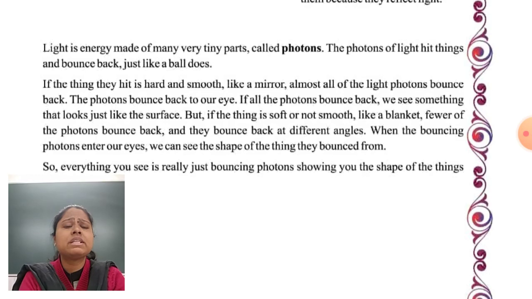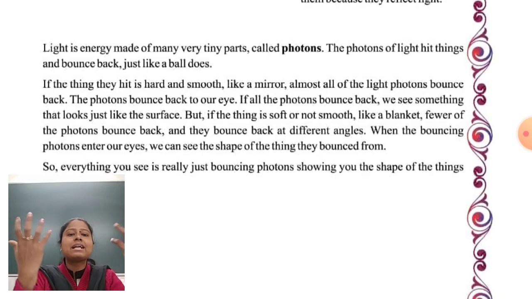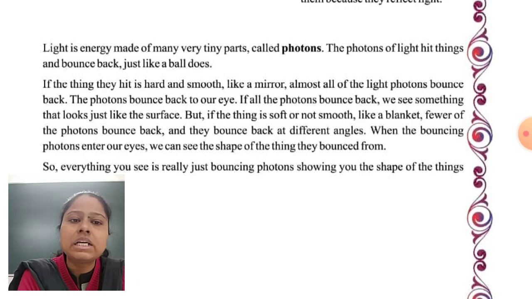In part 2 we have seen the use of light. When the tiny particles of light enter our eyes, we are able to see the thing, and when the things are soft or of different shape, the photons come to our eyes at different angles, and we are able to see the shape of those things. Okay, so these two activities we have discussed previously also, and now also.